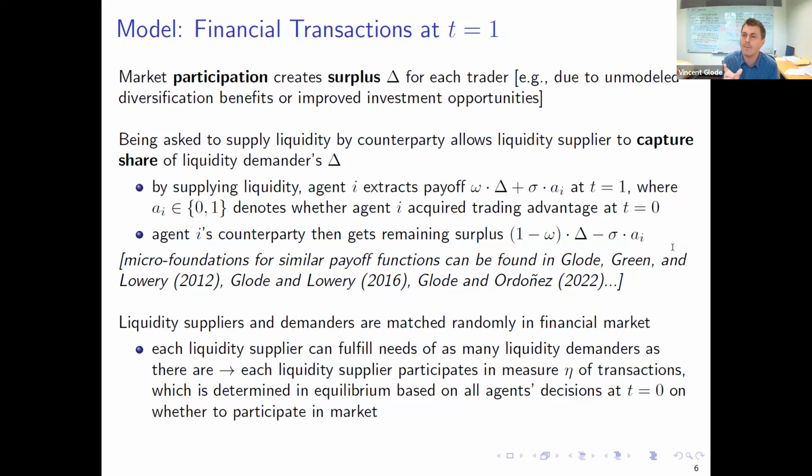But how often they get to use that trading advantage depends on participation, which is determined in equilibrium. So there will be a measure eta of transactions that each liquidity supplier will participate in, and it depends on who gets to participate in the market and your own type.